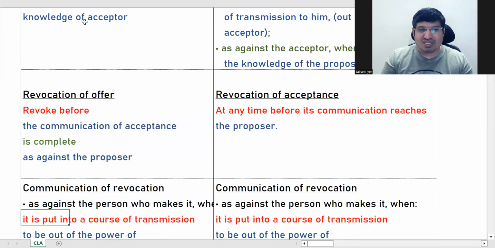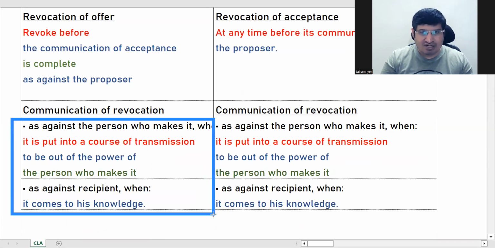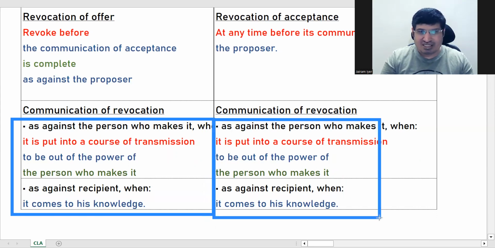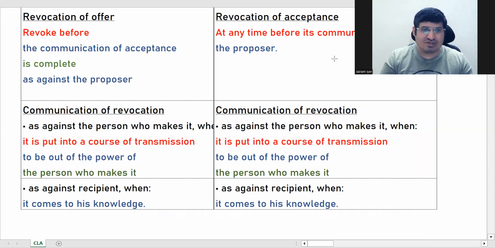For this it is fairly straightforward, and the good thing is it is the same for both. If you read this point and this point, it is exactly the same. So communication of revocation is the same for both. Both can revoke: the offerer can revoke his offer, and the acceptor can revoke his acceptance.